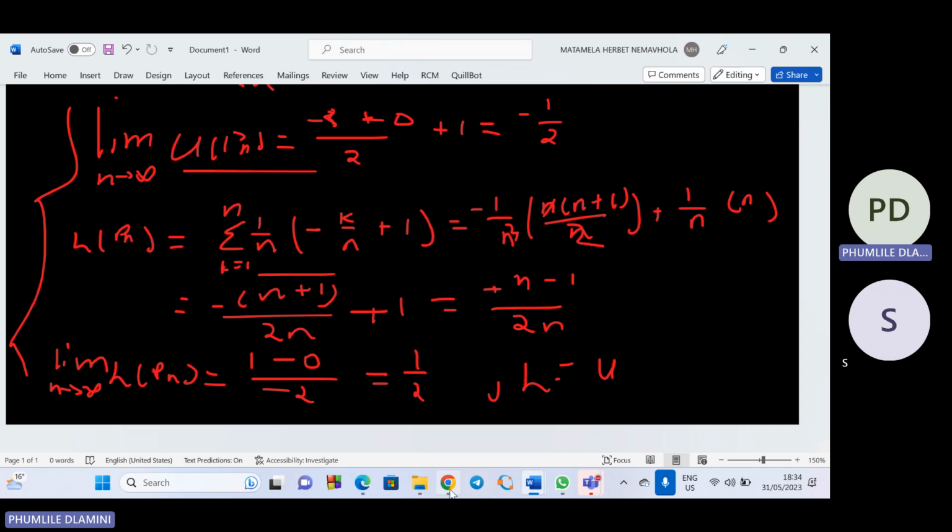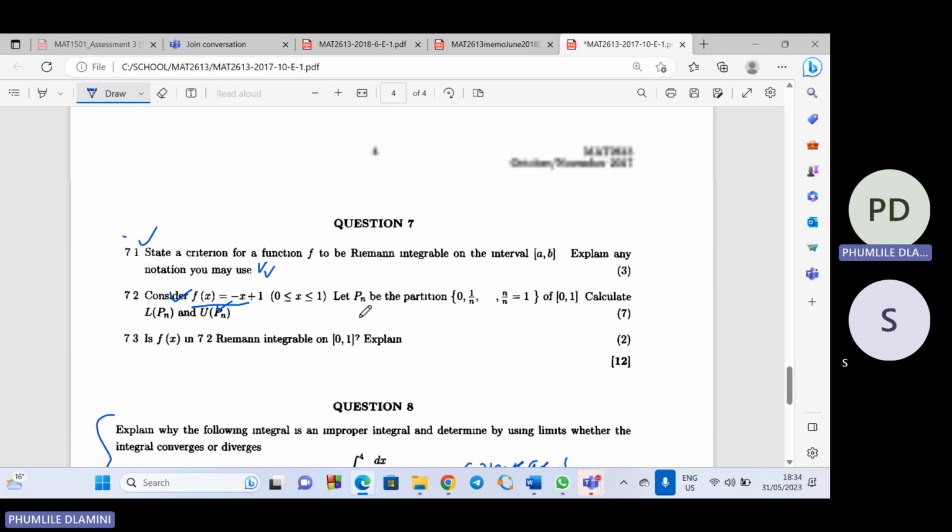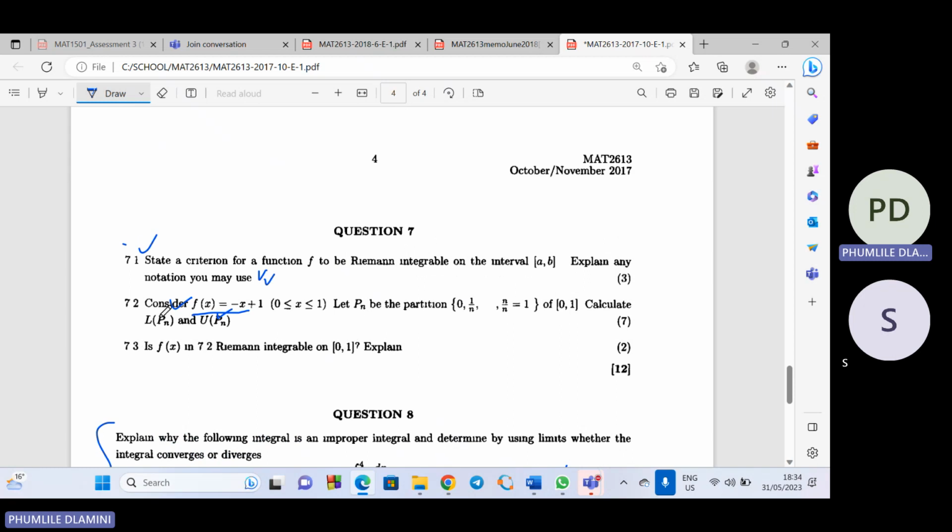So this is what I had for you for today, unless you still have any question. So now we just did this question, 7.2, and then I also showed you with the limit. Does f of x in 7.2 remain integrable in 1? Yes, the answer is yes. Why is it true?